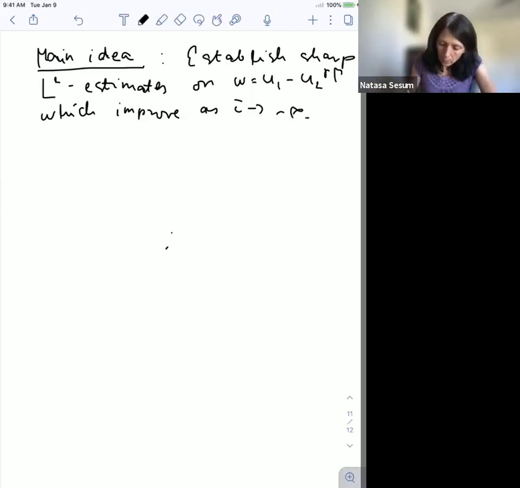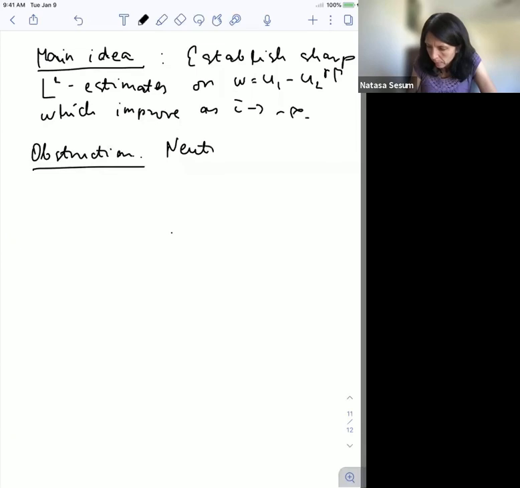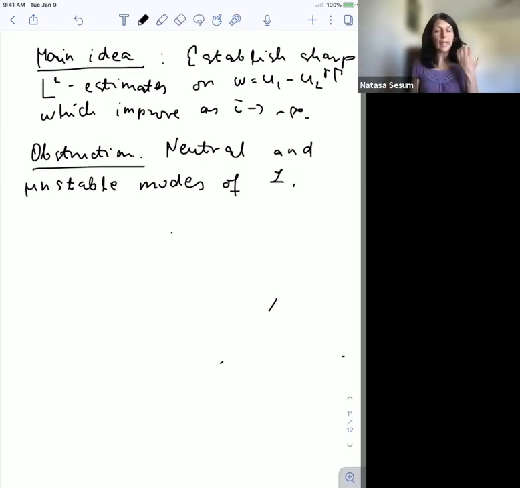But what is the obstruction in doing all this? It's the neutral and unstable, which are the positive, modes of L, but there are only finitely many of them. And that's where the parameters gamma and beta kick in.